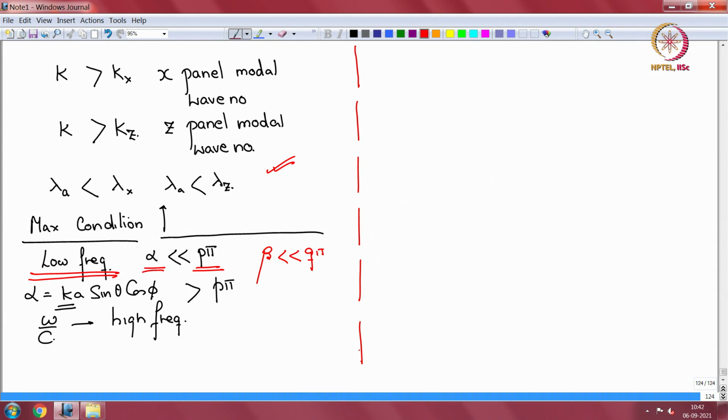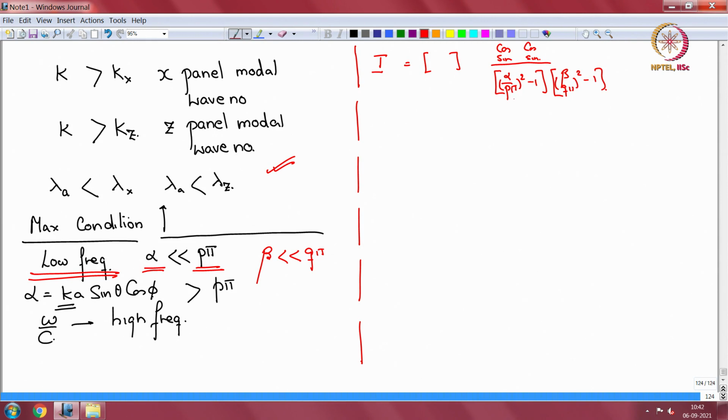What happens there? Here in this case it is very simple, because in the intensity you have many expressions in front and you have these cos sine terms and you have alpha by p pi whole squared minus 1, beta by q pi, etc. So we are examining low values of alpha beta.